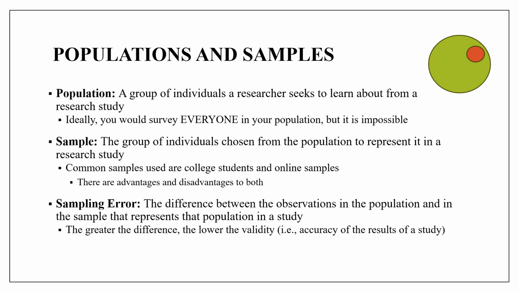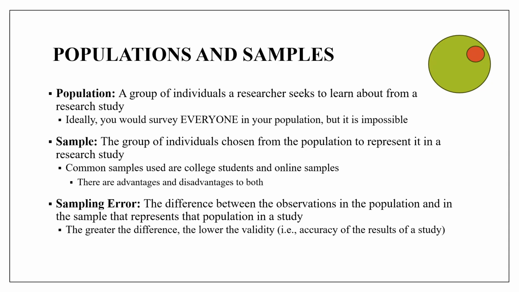So for instance, if your research question has to do with first generation Hispanic students, then your population has to meet those characteristics. It has to be first generation people who are Hispanics. Or if your research question has to do with people that are going through a breakup, then your population has to meet those characteristics, which is, again, they are going through a breakup.